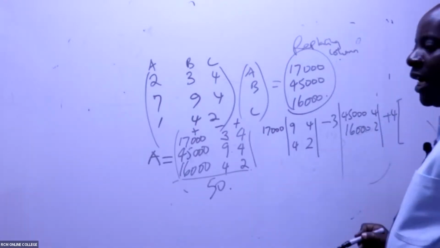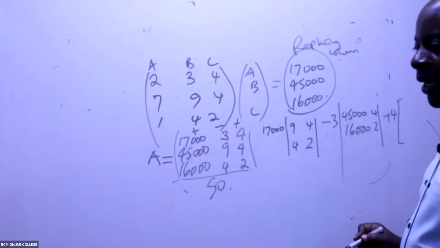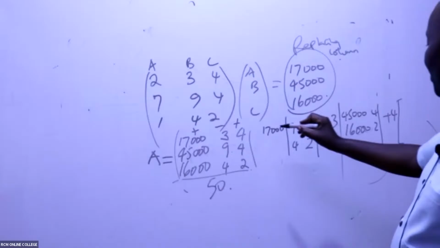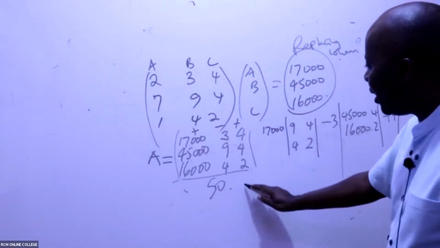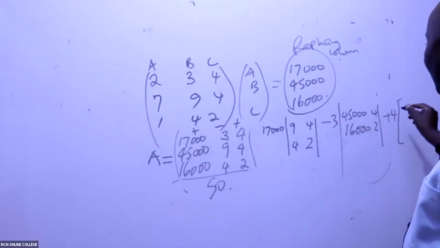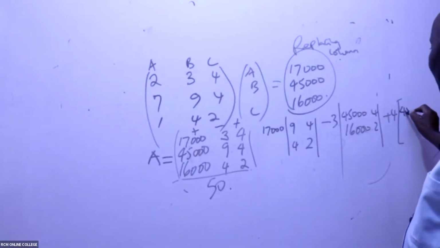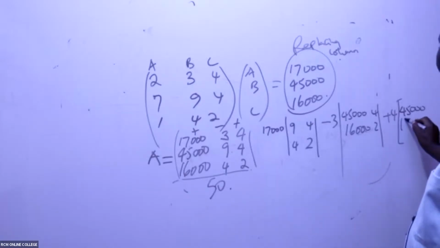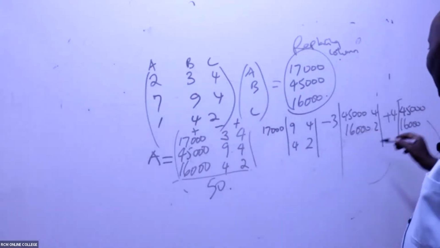Here, we are hiding this under that. So when you hide this under that, we have 45,000. Oh, have I done it correctly? Yes, 16,000. And then, of course, if it is this and that, we have 9 and 4.